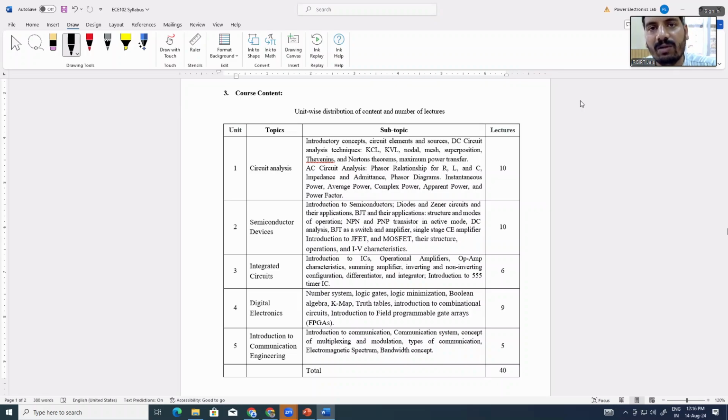Next is Thevenin's theorem. Thevenin's theorem is directly or indirectly related to the maximum power transfer theorem, which is the last theorem given here. Then you have to study Norton's theorem, and these two theorems, Thevenin's and Norton's, are dual to each other.